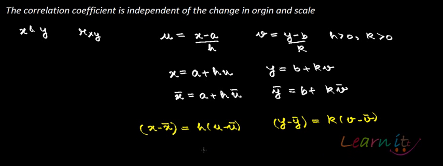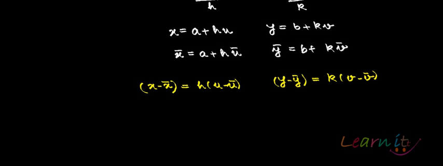Is that right? Now you can write the formula for the correlation coefficient between x and y, which is the covariance of x and y divided by the standard deviation of x into the standard deviation of y.